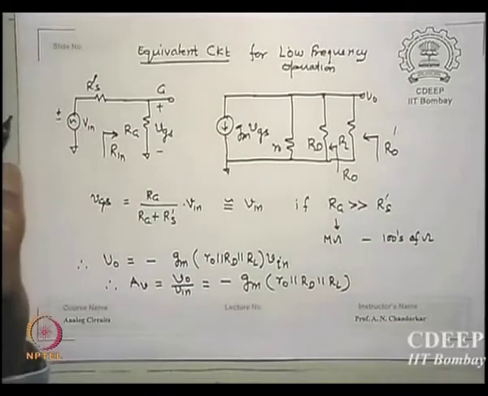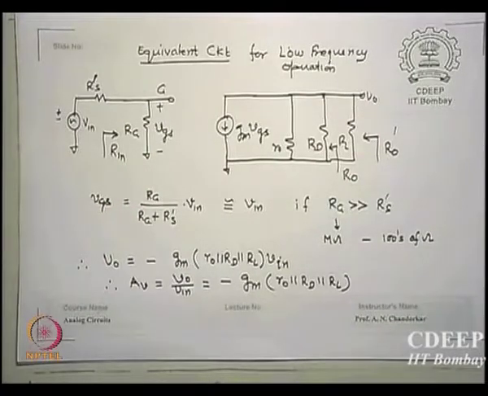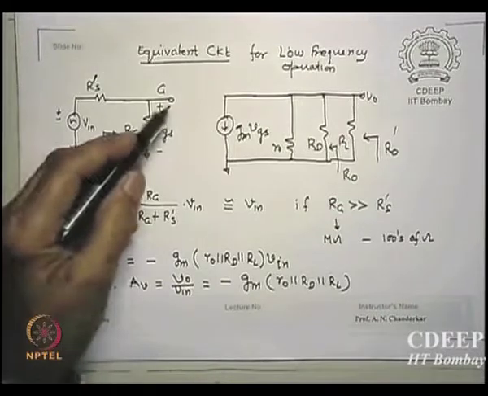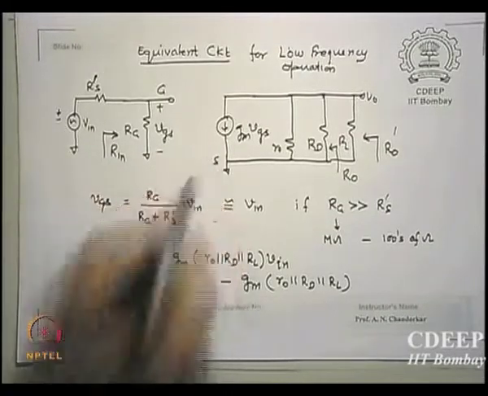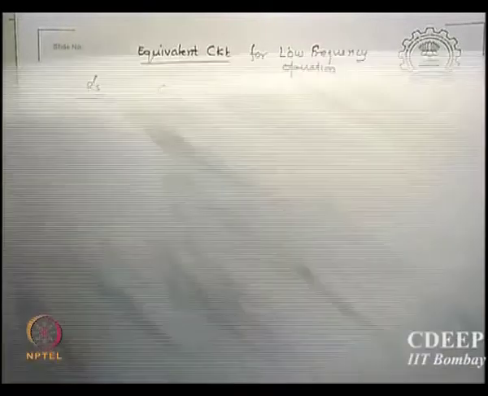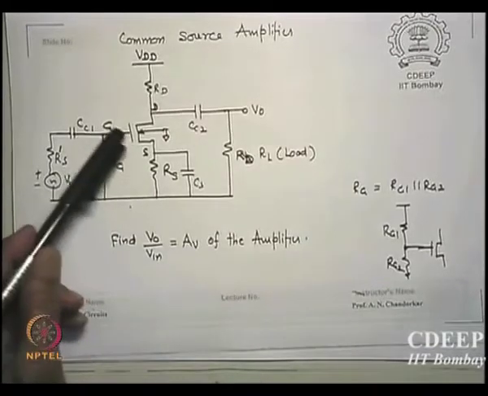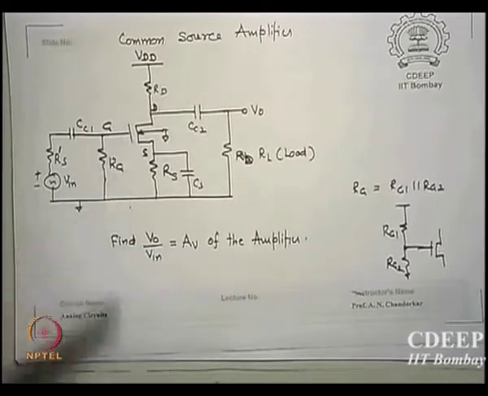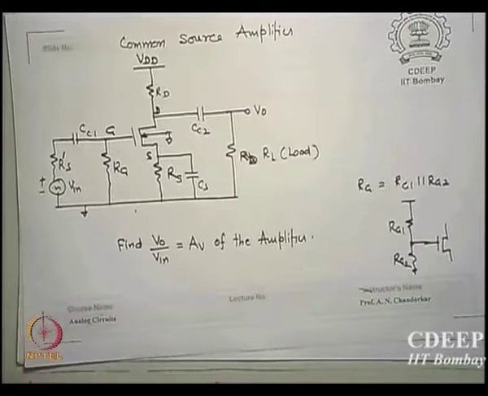If you just see the circuit, you can see this is the input side. From gate to source there is no connection. As far as AC is concerned, there is no connection between gate and source. Please look at the circuit again, just a minute. Between gate and source there is an insulator, so there is no connection, which is in contrast to what?